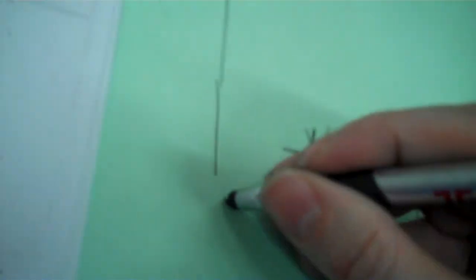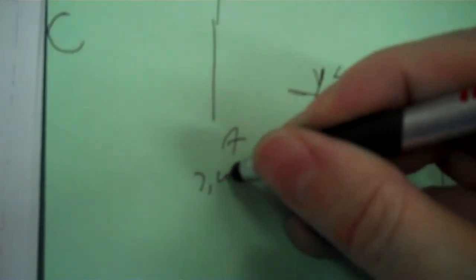Okay. Last problem. So we got Y less or equal to negative half X plus 5, and then Y greater than 3X minus 3. A, B, C. Okay, A, let's go here. That's going to be 1, 2, 3, 4, 5, 6, 7, up 4, if you pick that one. So 7, 4.